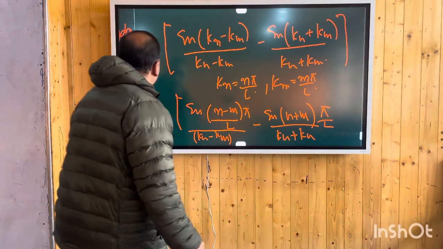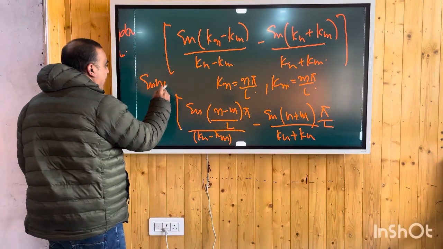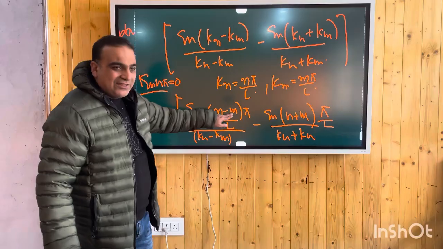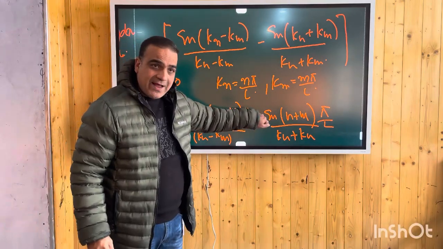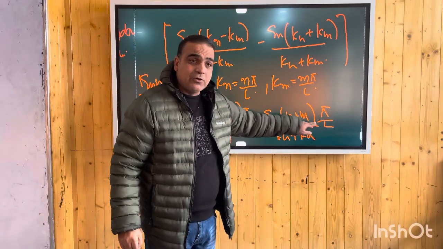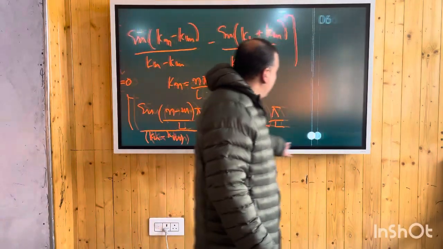Now come on, you have a general expression for sine of n pi. What's that? That's 0, isn't it? So if you subtract the two numbers, whatever number you get will be multiplied by pi. So what will be its result? It will be 0. If you add the two, you will get 0. So what is the result? The result is 0.